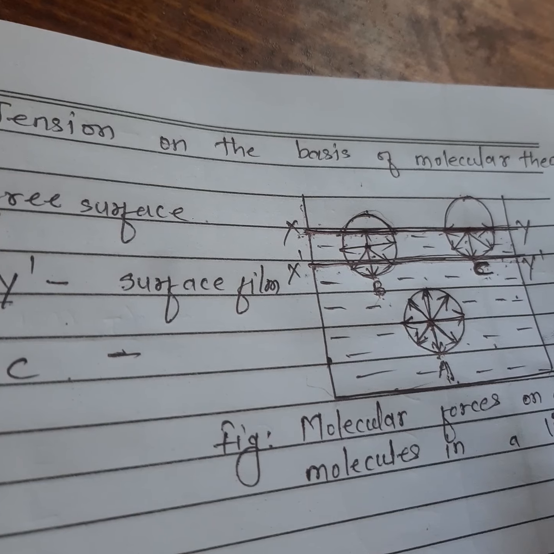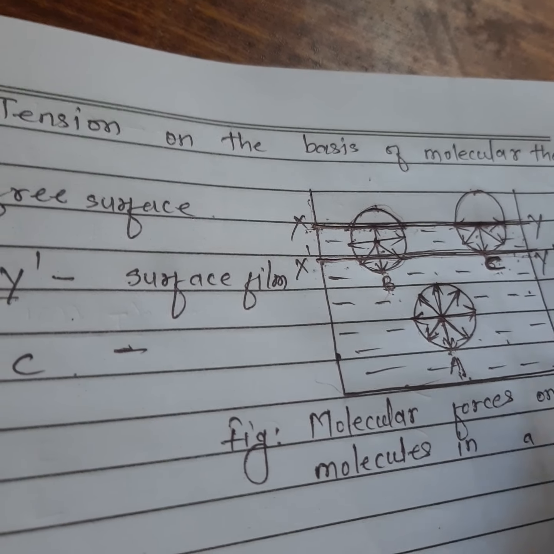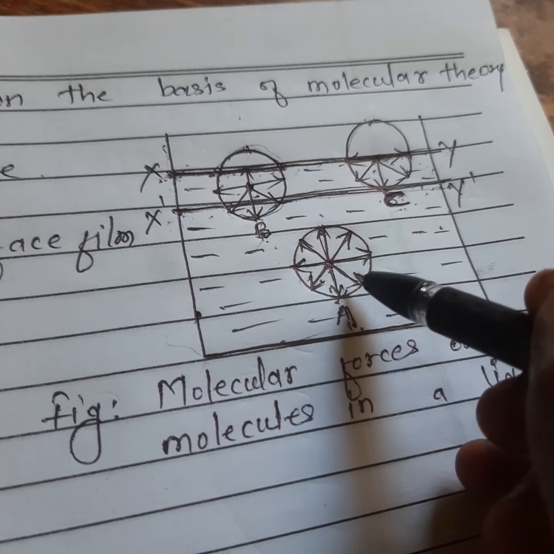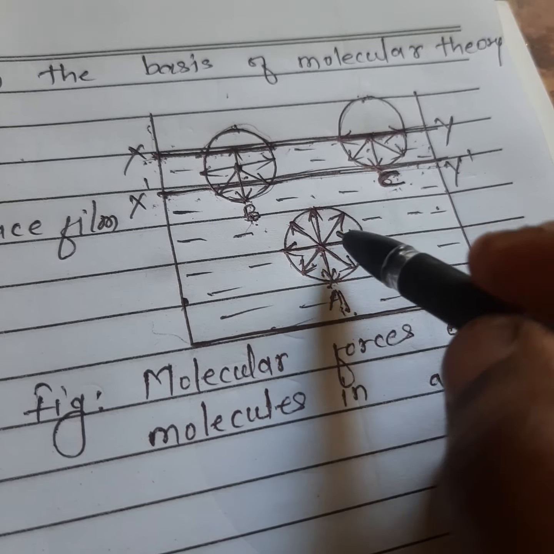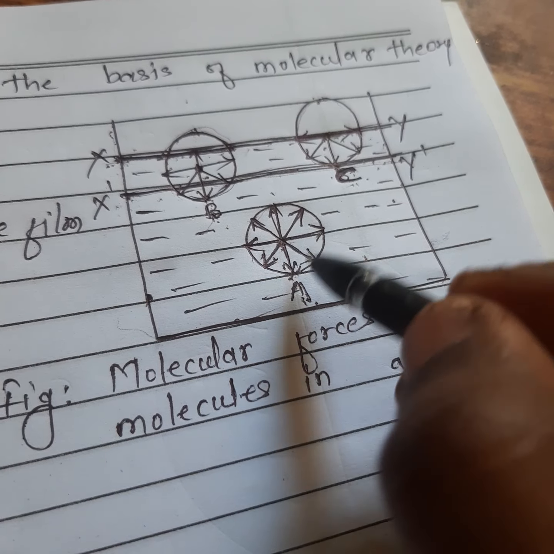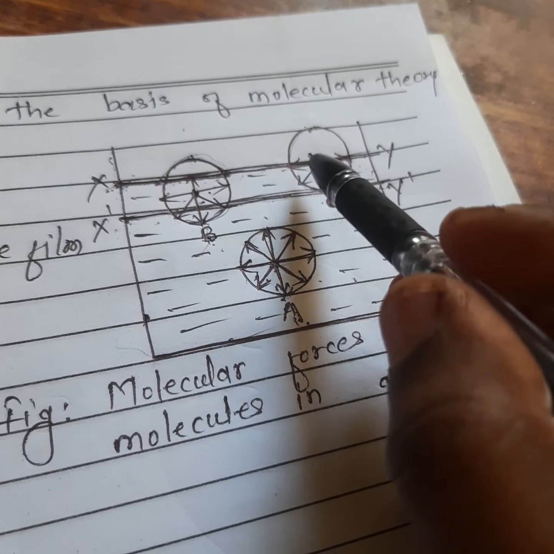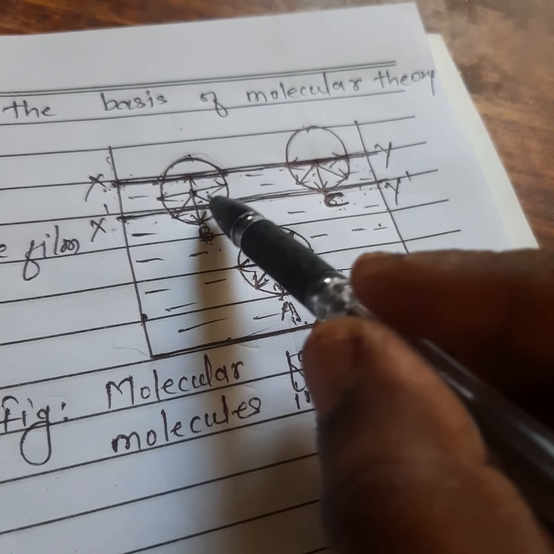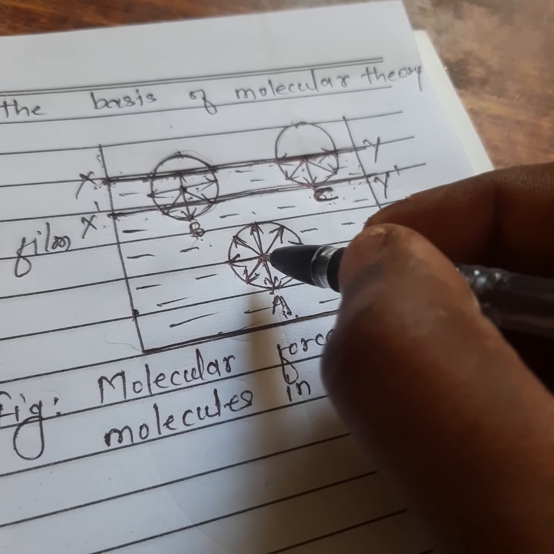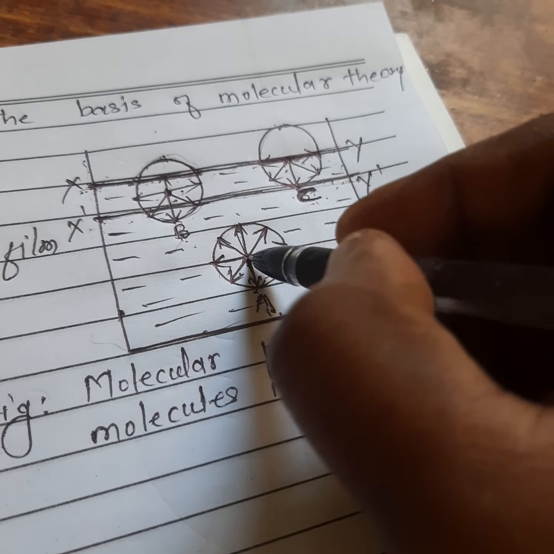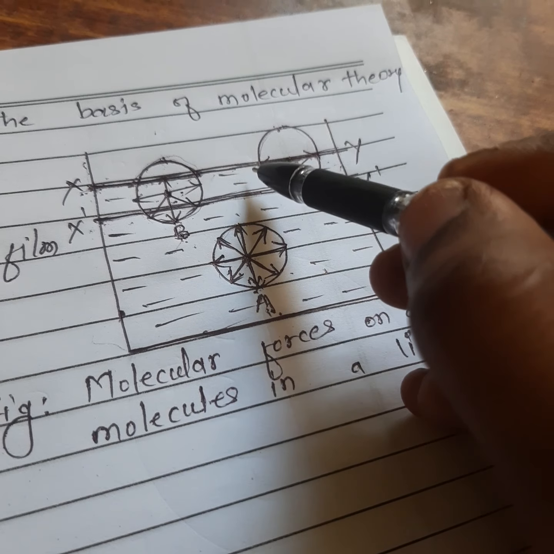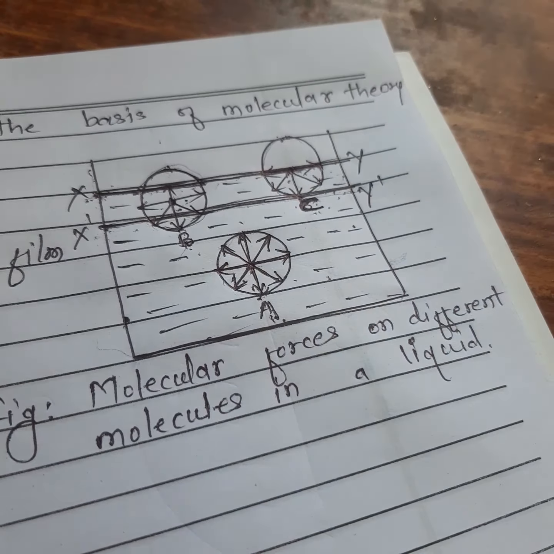As we have seen, a molecule inside the liquid experiences maximum cohesive force than the molecules in the surface film, so that some work has to be done to bring the molecule from inside the liquid to the surface of film.